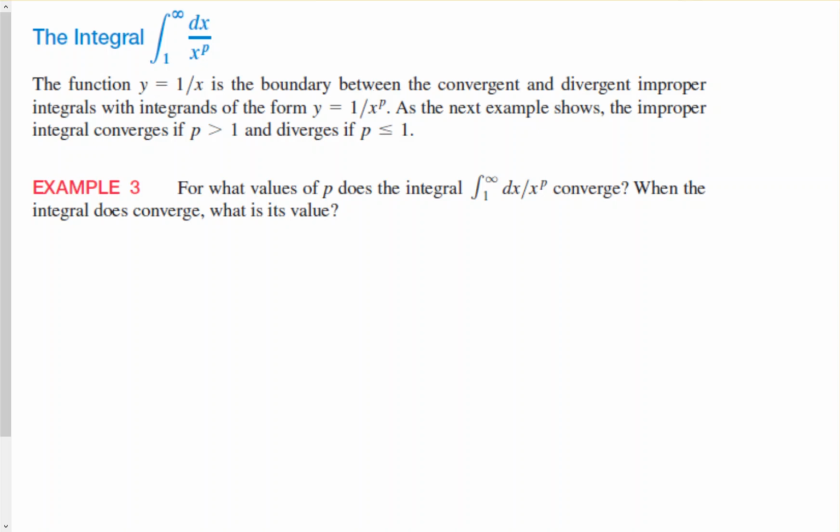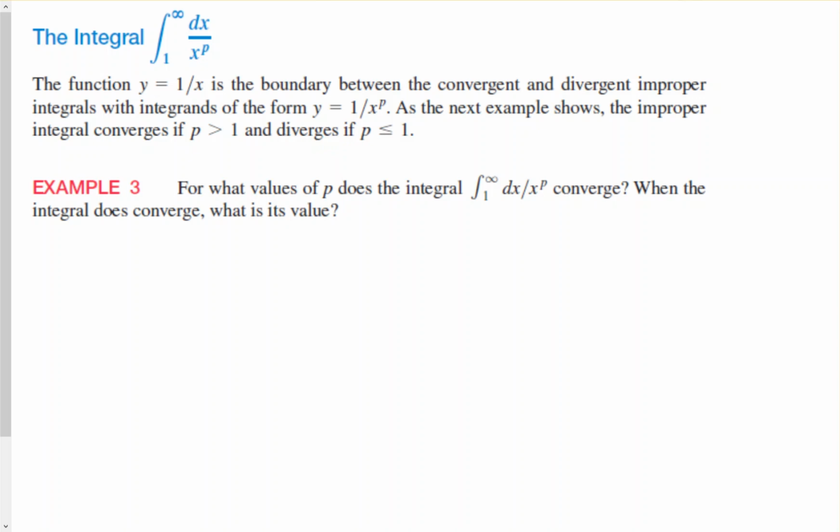As long as it's in this form, 1 over x to some power, the 1 over x is the boundary. The improper integral converges if p is greater than 1 and diverges if p is less than or equal to 1.